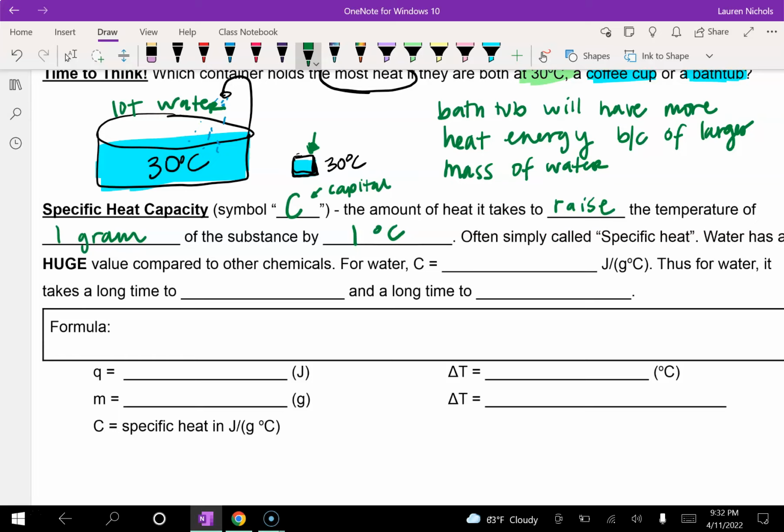And when we look at water, water has a huge value compared to other chemicals. For water, the specific heat capacity is 4.184 joules per gram degrees Celsius, which those units are already there in your notes. And so this means for water, it takes about 4 joules of energy to increase the temperature of 1 gram by 1 degree.